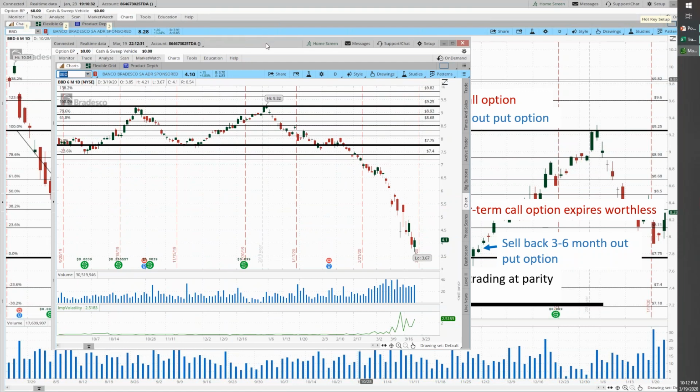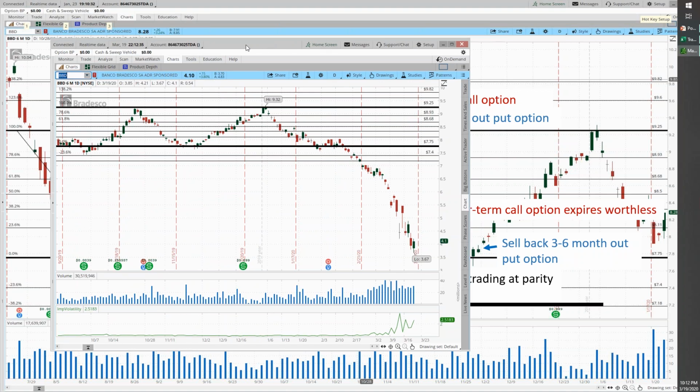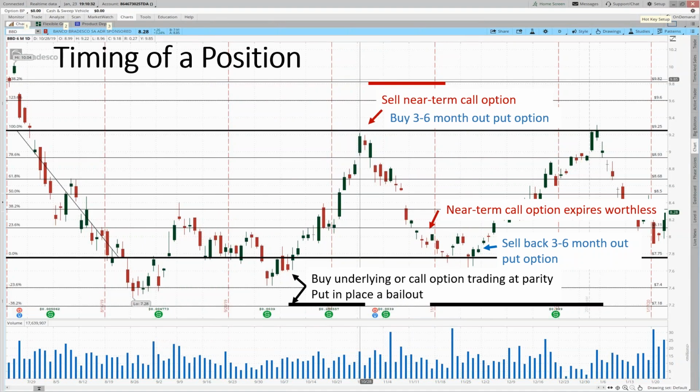So what happened 3 or 4 weeks ago? Couple of things happened with our positions. First of all, if we had only gotten this far and it took a turn on us, we got stopped out.